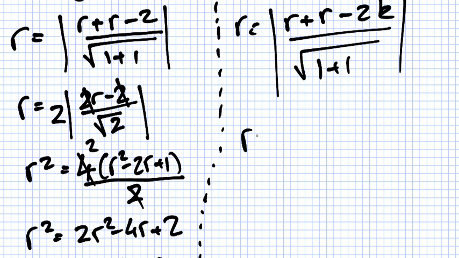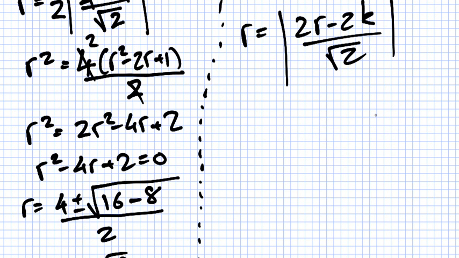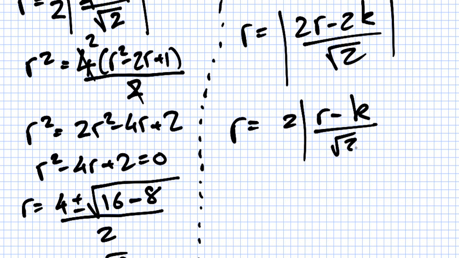So here we get r equals absolute 2r minus 2k over root 2. I can take the 2 out. 2 absolute r minus k over root 2.